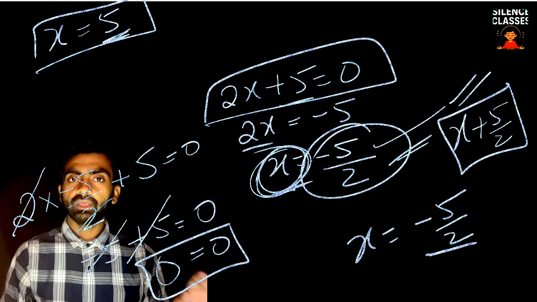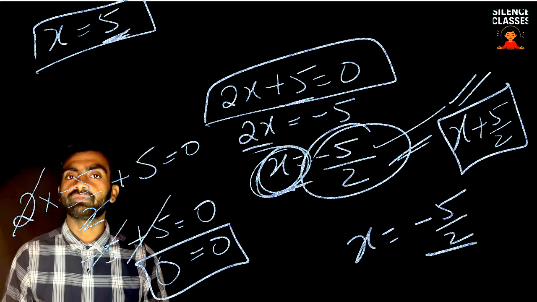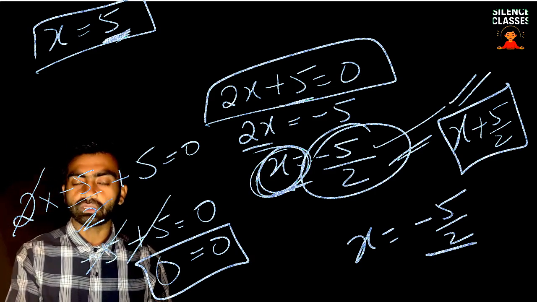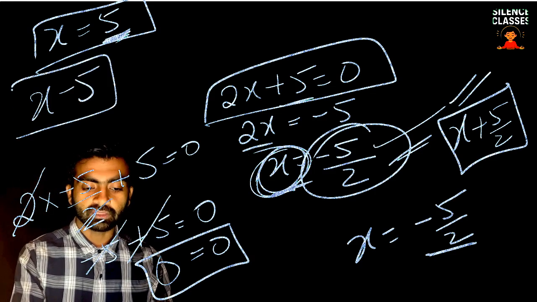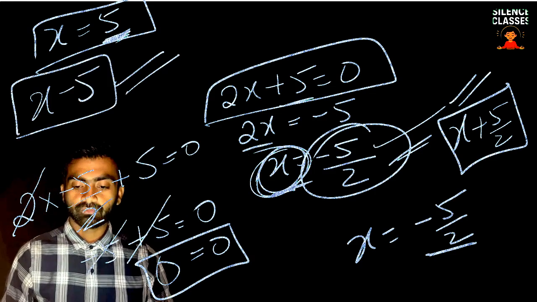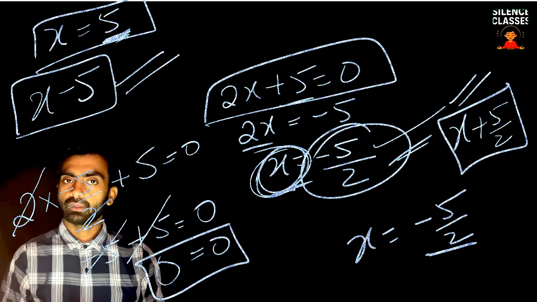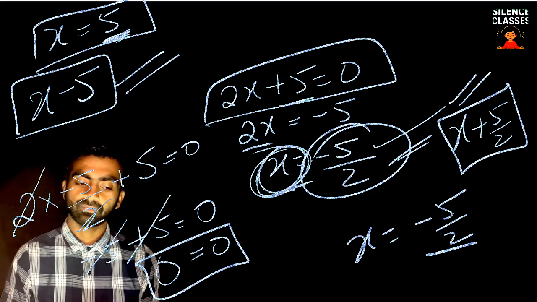If they ask us to find the factor, you move this 5 to the left hand side, so it will become x minus 5. So x minus 5 is the factor. Like this you have to find it; from the zero you will get the factor of the given polynomial.